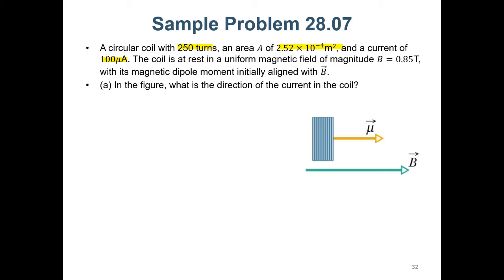The coil is at rest in a uniform magnetic field of magnitude B equals 0.58 Tesla, with its magnetic dipole moment initially aligned with B. So aligned with B means they have the same direction. In the figure, what is the direction of the current in the coil?